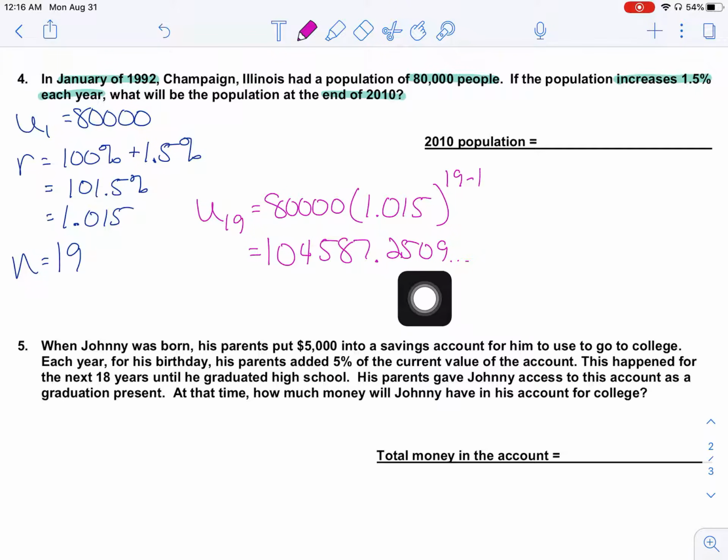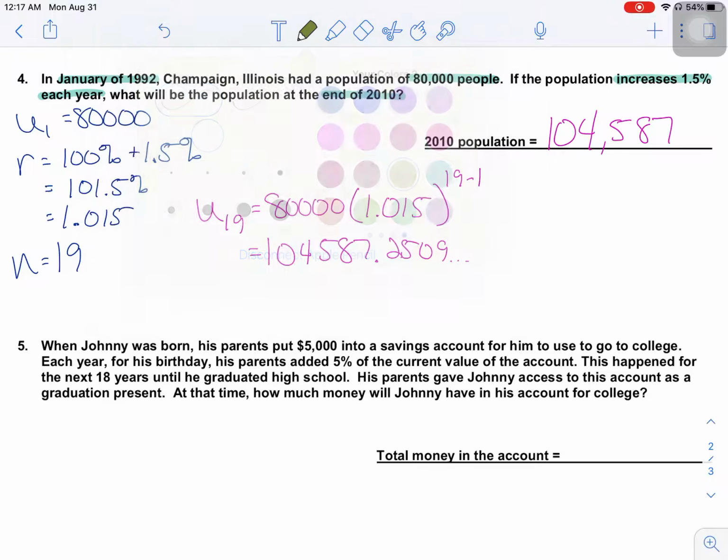So all of these decimals we are going to completely ignore. All right, this is an approximation, and so we're going to say it's approximately 104,587 people. If this had been 0.6, 0.7, something like that, and you felt the need to round up, that's completely appropriate for this problem.